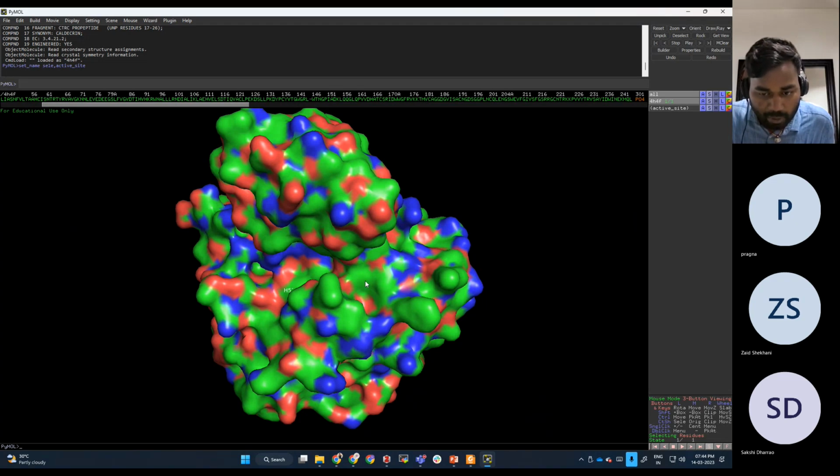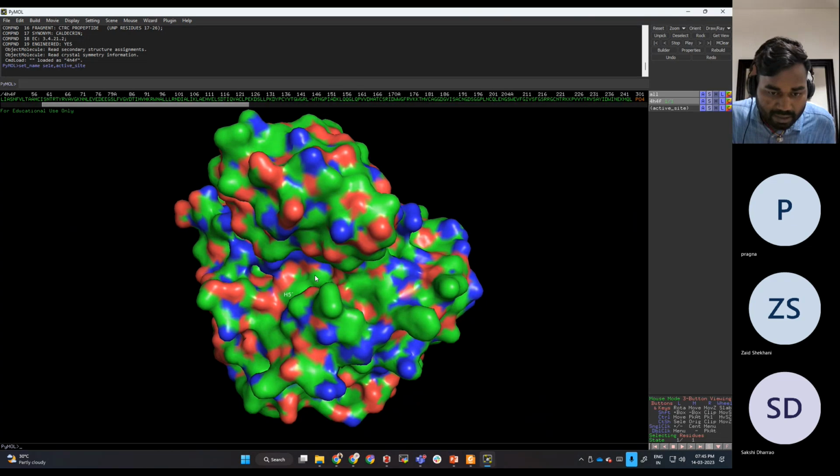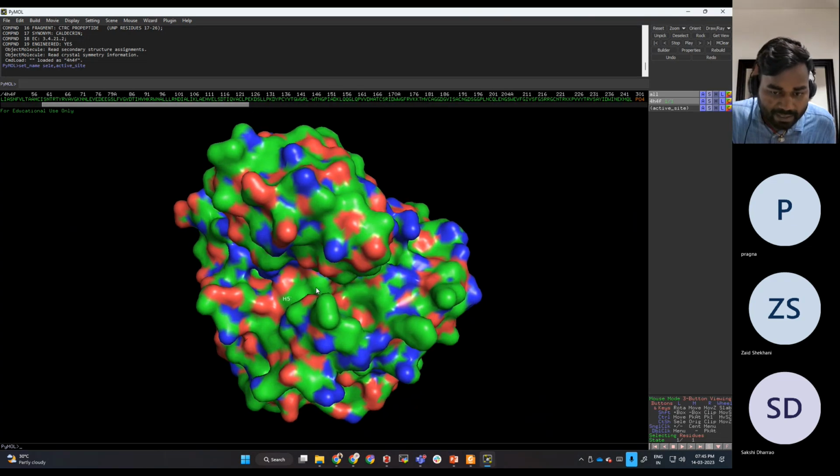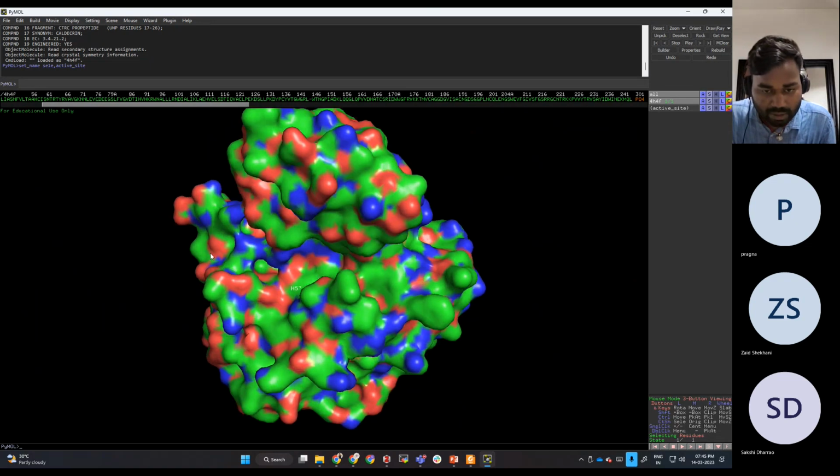Your hydrophobic pocket residues like phenylalanine, tyrosine, and tryptophan will bind here, and then serine will cleave at this site, and your product will be released. Your peptide chain will be cleaved into two fragments. So this is your binding site, and active site residues are in this pocket.